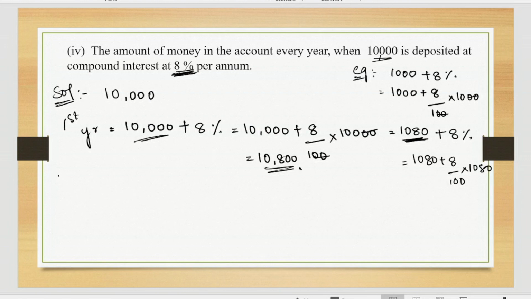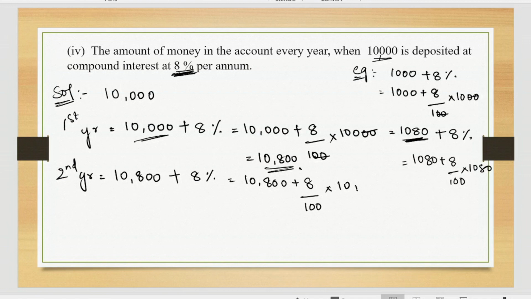Okay. Then after the second year, the new amount which you have in the bank is 10,800. For this 10,800, you will again get an 8% interest. So which becomes 10,800 plus 8 by 100 into 10,800, the amount which is in the bank.